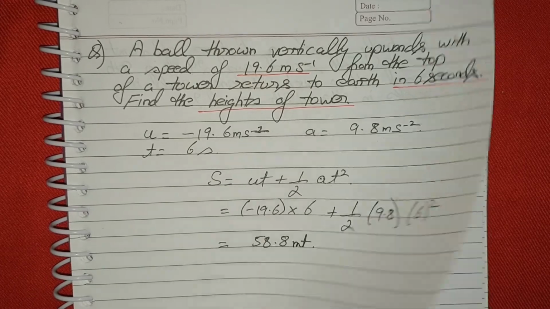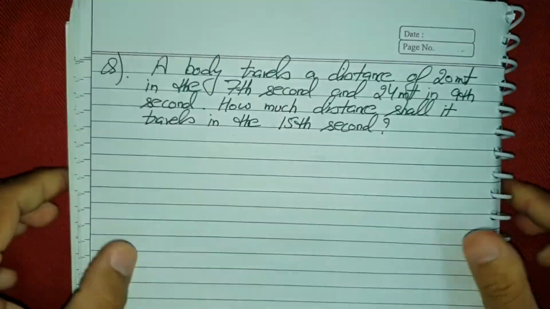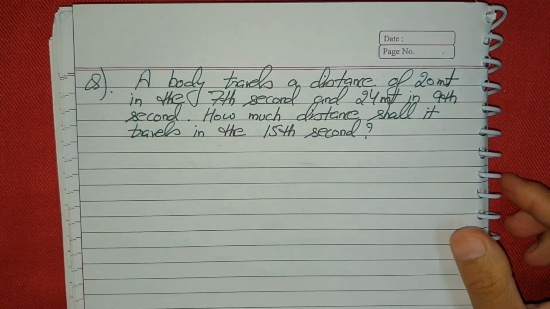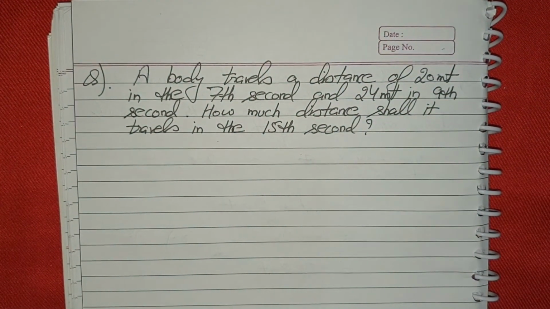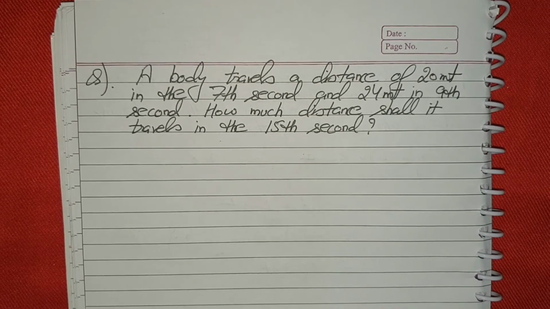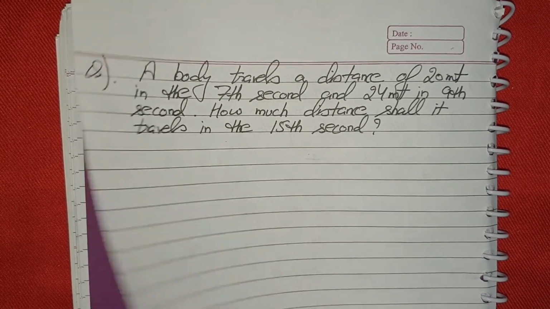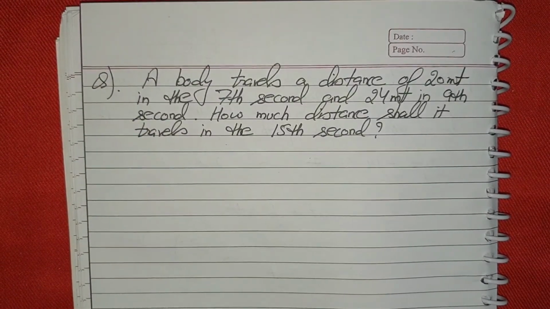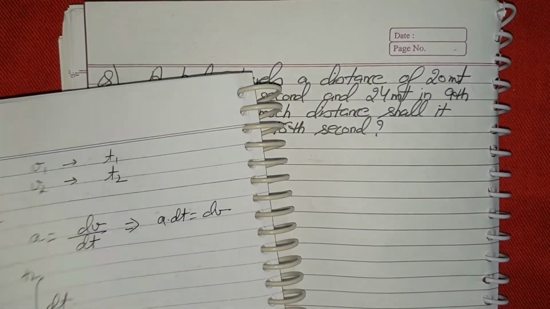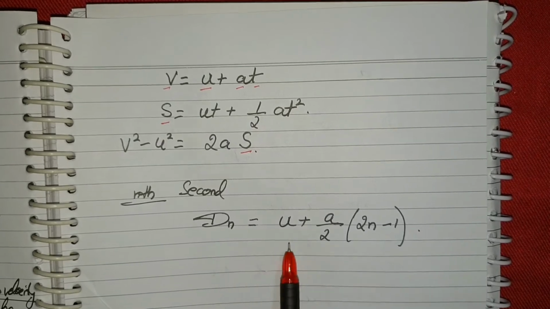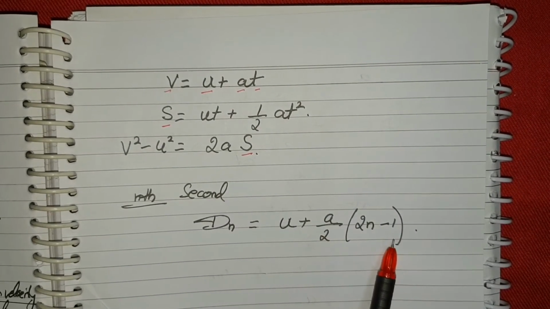So, moving on to our next example. A body travels a distance of 20 meter in the 7th second. Now this is for the nth second, and if you remember the formula, the nth second formula was dn equals u plus a by 2, 2n minus 1.